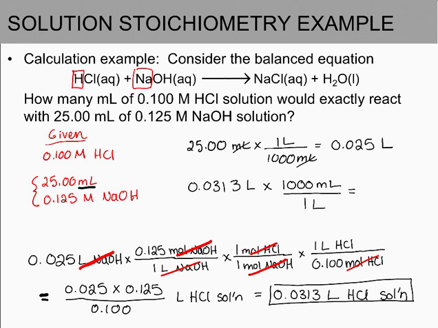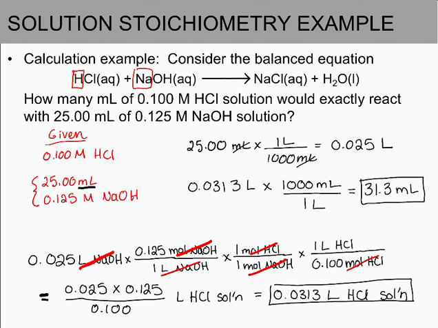So 0.0313 times 1,000 gives us 31.3 milliliters. Generally, when we're in a chemistry lab, things are in terms of milliliters instead of liters, because liters are quite large. So typically we measure in units of milliliters, and that would probably be a more realistic measurement for us.